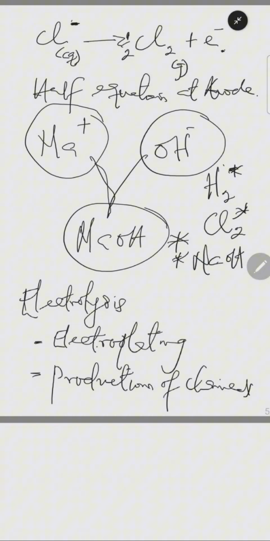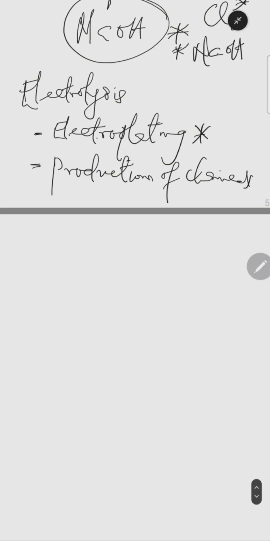Now I want to explain the concept of electroplating because it's very important. Before I go there, we have two laws in electrolysis. We have Faraday's first law of electrolysis and Faraday's second law of electrolysis. We'll be using Faraday's first law here now.